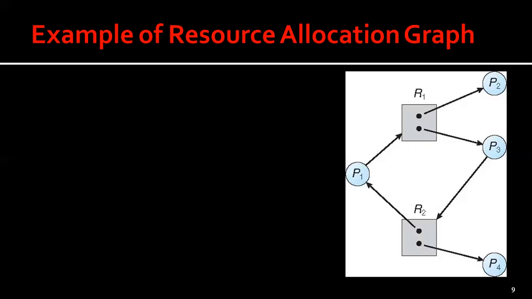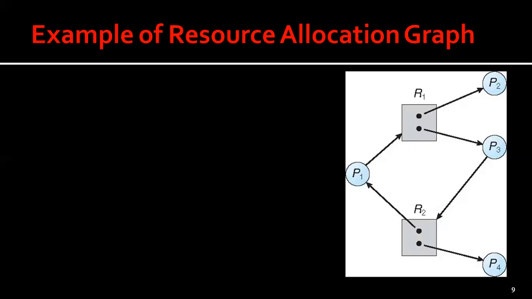Understood? So here we consider the resource allocation graph where P1 to R1, R1 to P3, P3 to R2 and R2 to P1. And we have to notice that even though there is a circular loop in this situation, there may or may not be a deadlock.